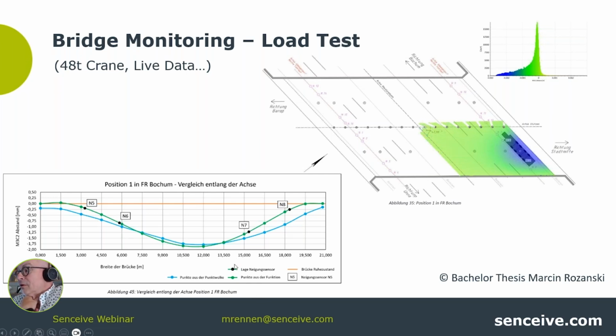The comparison of the green dots from the tilt sensors and the blue dots or blue line from the laser scanning. Now, when the truck was then moved to the inside, we expected less impact on the bridge, and of course less signal on the nodes.